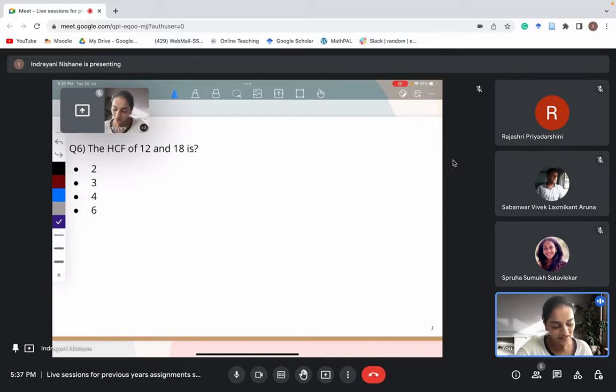Let's move on to the next question. We are asked to find the HCF of 12 and 18. So let's again try to factorize 12. That is 2 into 6, which is 2 into 2 into 3. So 2, 2, 3 are the factors for 12.